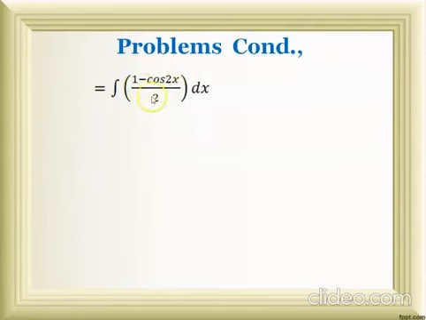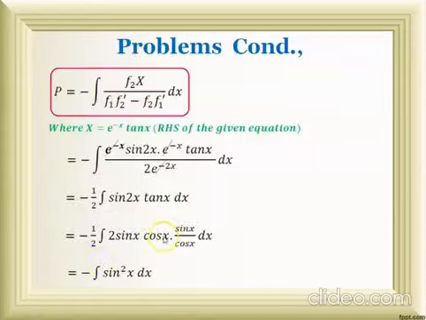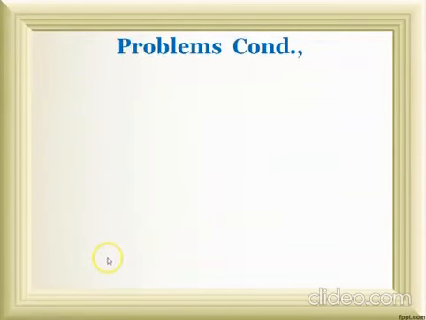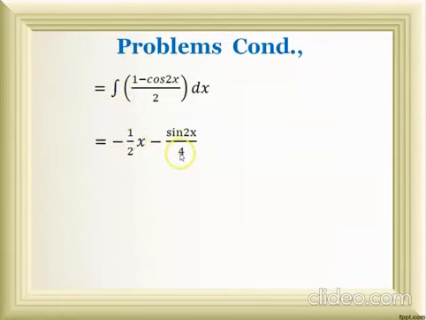Now I am integrating this. 1 by 2 into dx is 1 by 2 times x, minus cos 2x by 2. That integral is sin 2x by 2, and again one more 2 is there, so totally I will get 4. In the previous steps I had a minus here that is missing in this particular one. So therefore this is the correct answer.